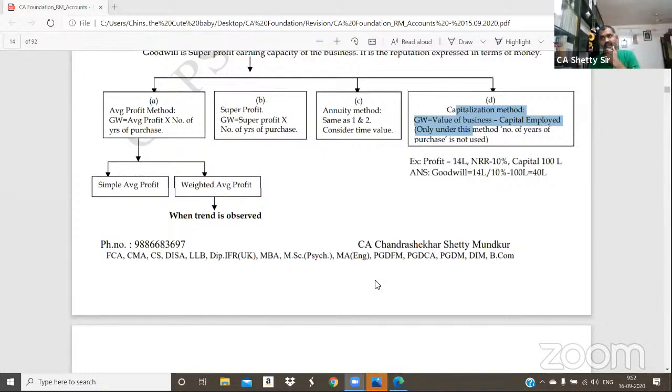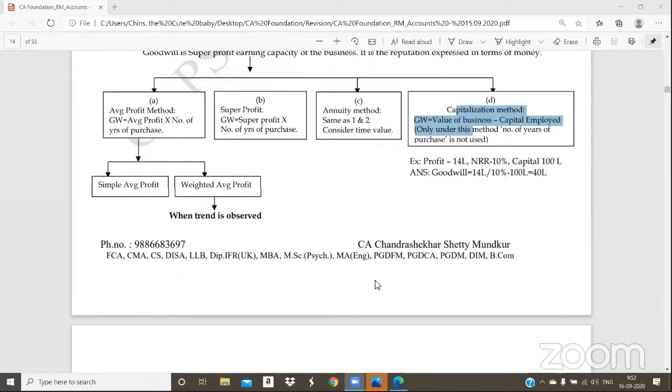Correct? Yes, sir. 500. Total: 1,100. Sir, P&L debit side 50, sir.